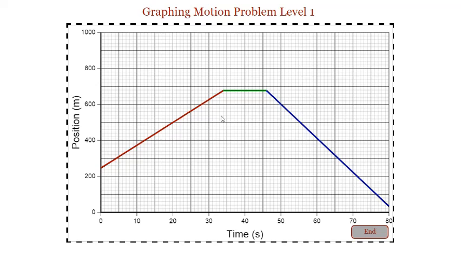So my average velocity for this segment should be about 13.5. Notice that my units on the y-axis are meters, so my displacement is in meters, and the run of this line is in seconds. So I get meters per second, and I get 13.5. We'll see if that is the correct value. Again, I may have read my numbers wrong. I'm not going to sweat that too much.